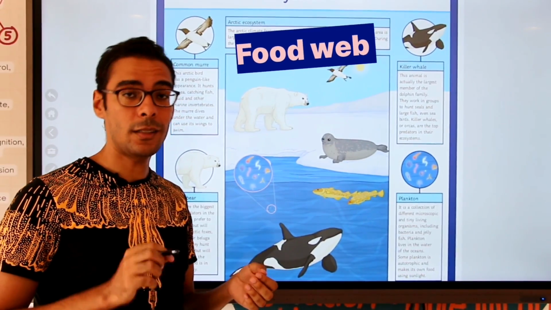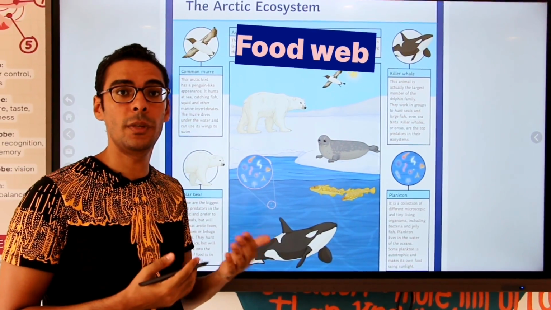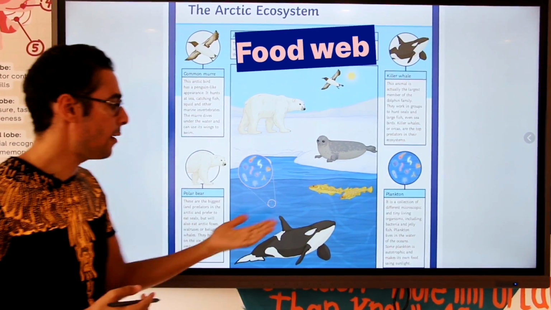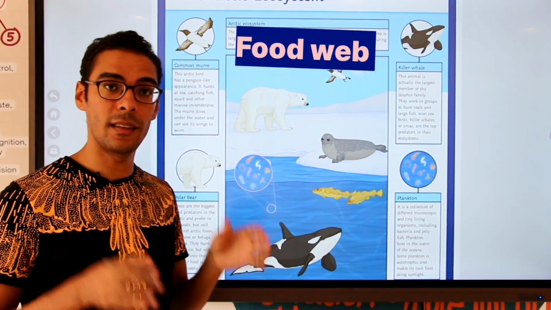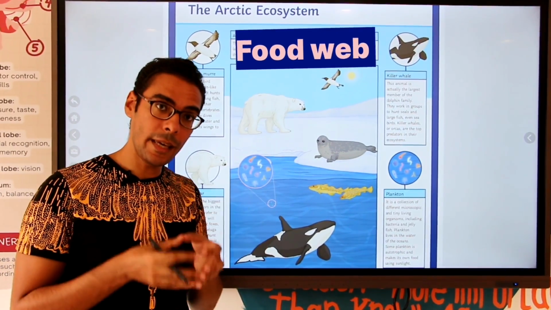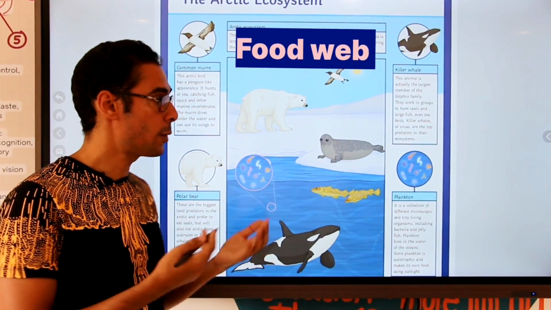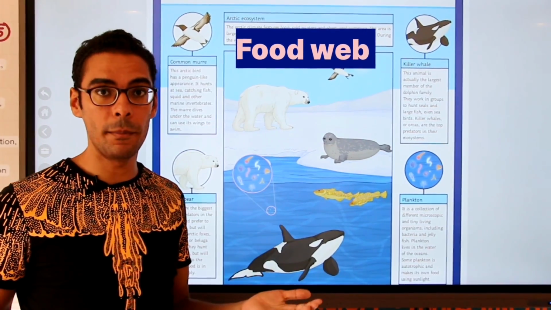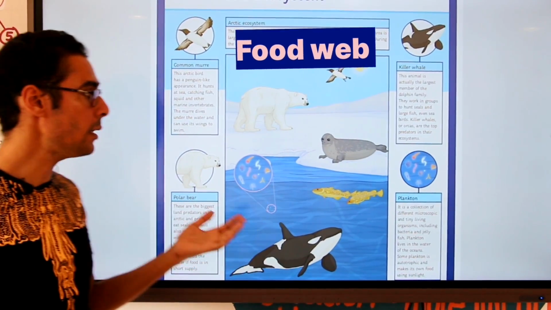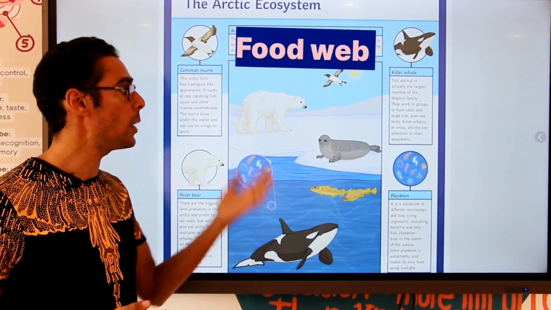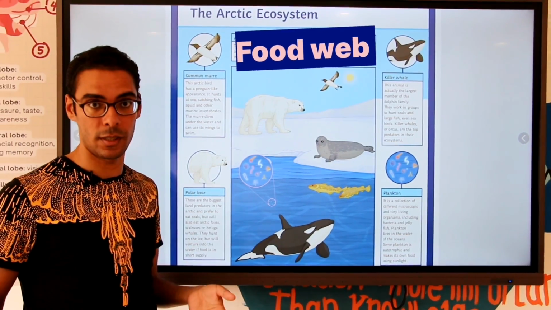So here we're going to study a new concept which is the food web. If we have more than one food chain in the same place, they complete the life requirements for each other. It's going to be a food web. So the food web shows many different feeding relationships between many animals in the same ecosystem.